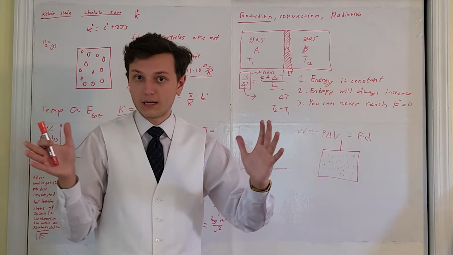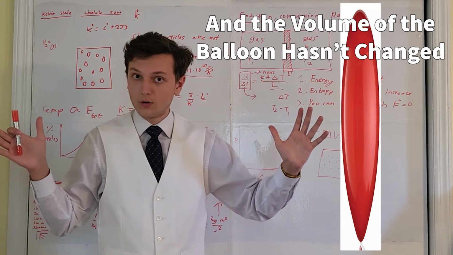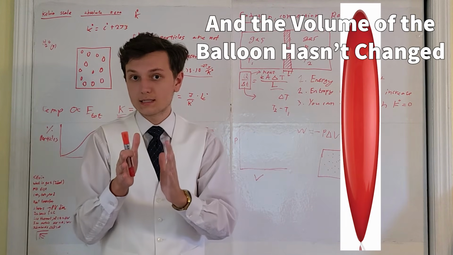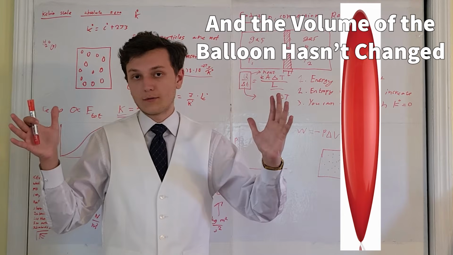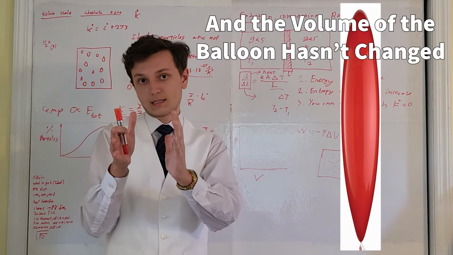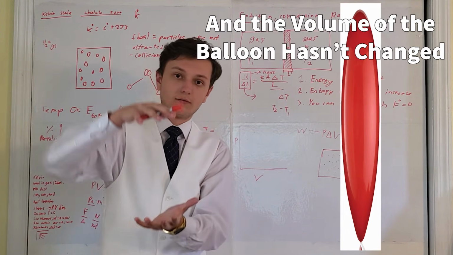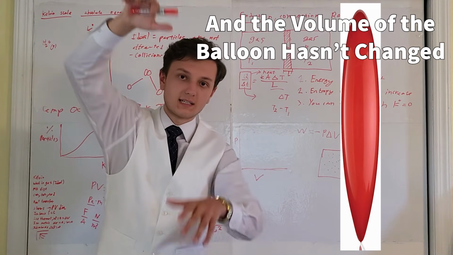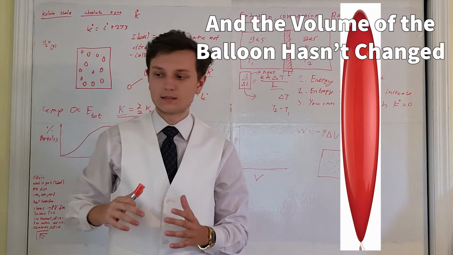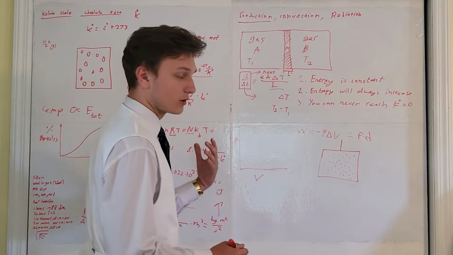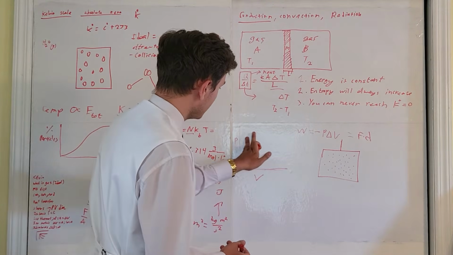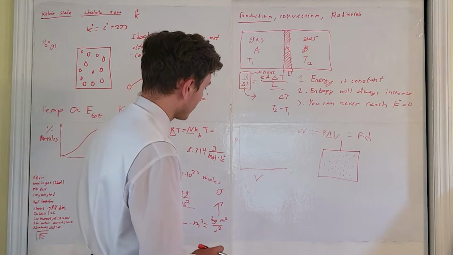So even though I'm applying a force to the balloon, even though I'm moving the balloon a distance, whatever volume was lost as I compressed it in this axis is volume that the balloon gained by expanding outward in the other two axes, okay? Usually you're going to have to deal with a relationship between pressure and volume.